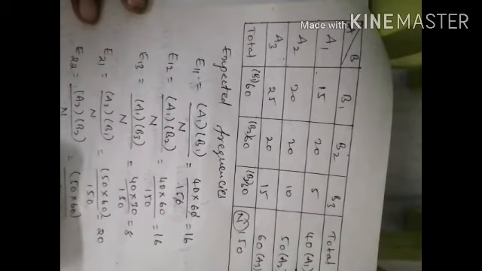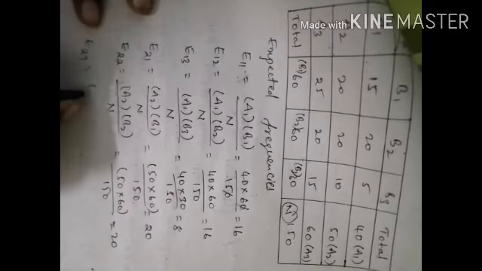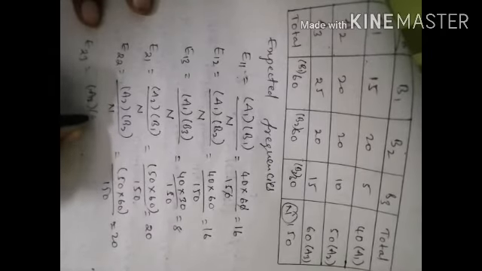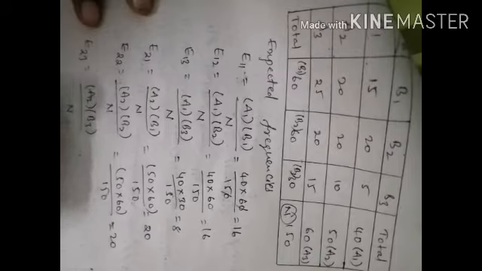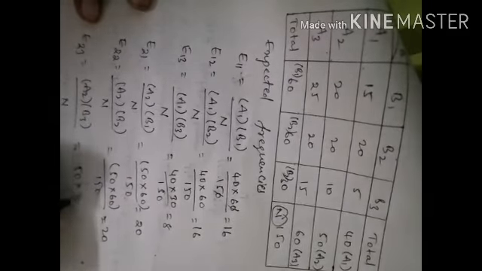Next E22, A2 into B2 by N: 50 into 60 by 150, again 20. E23 is A2 into B3 by N: 50 into 30 by 150, which is 10.